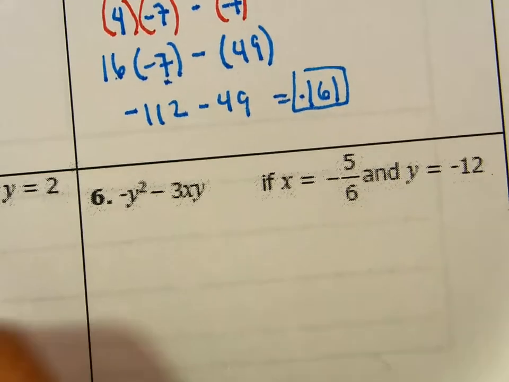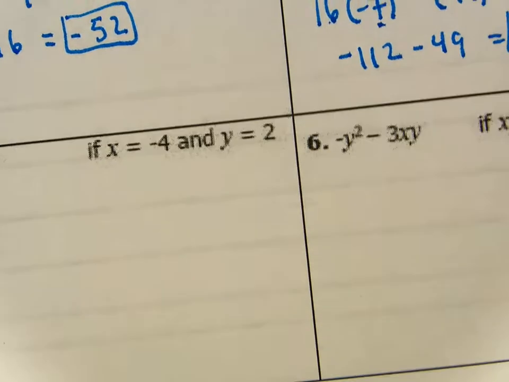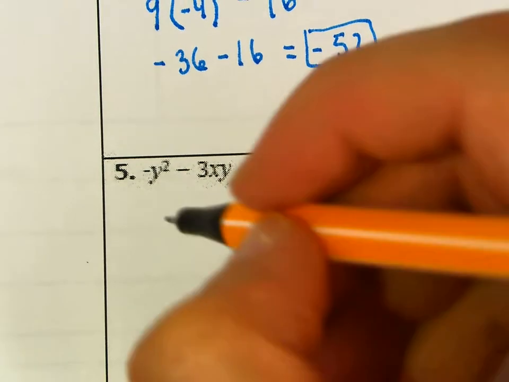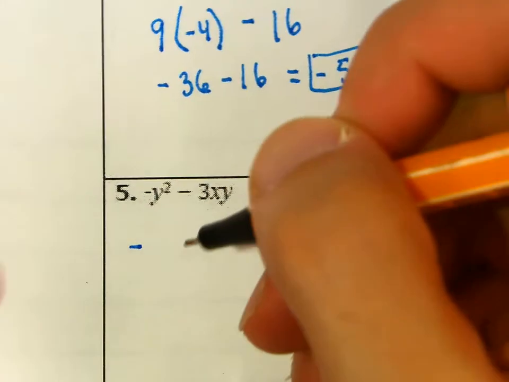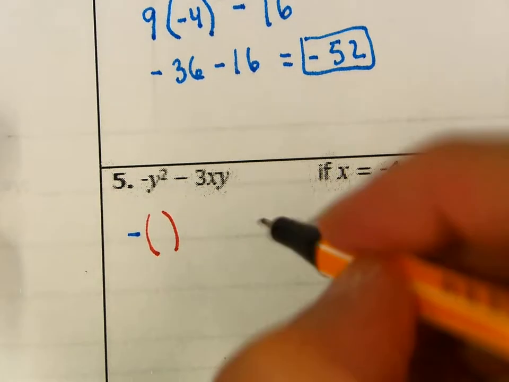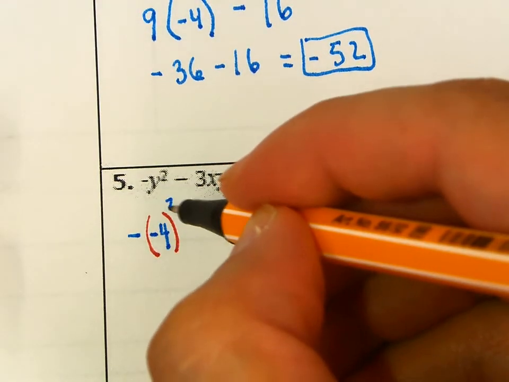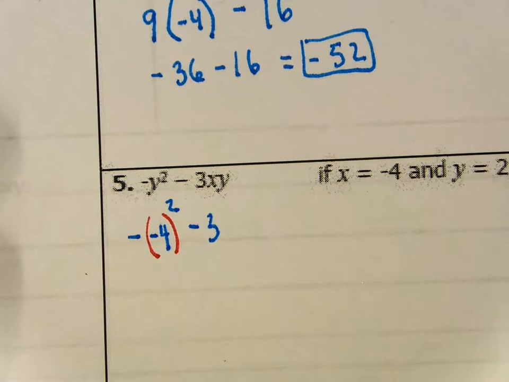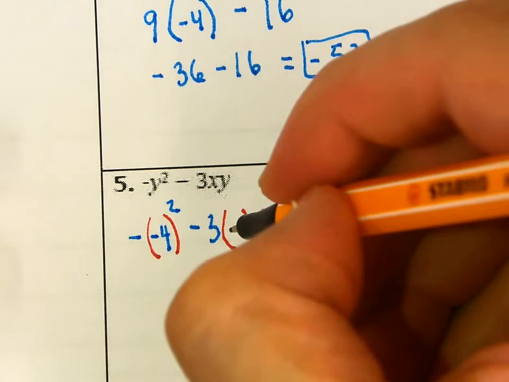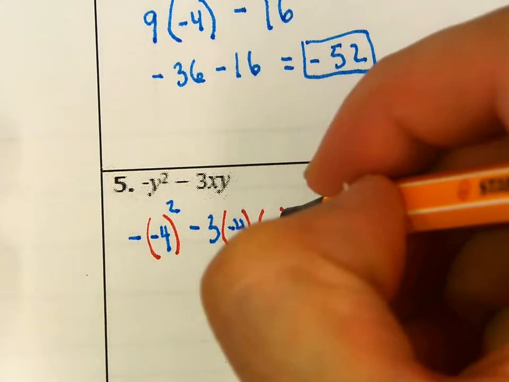Here, what's happening? Oh, sorry. Let's take a look at this one. If I have negative y squared, so this is negative parentheses. What's my y squared? It is negative 4 squared minus 3 times negative 4 times 2.